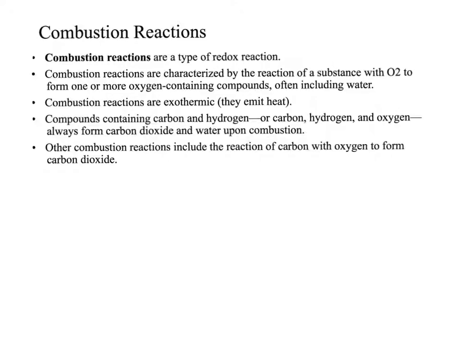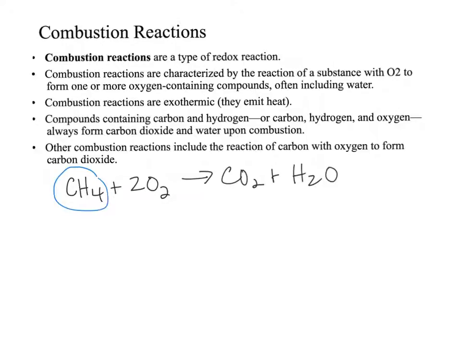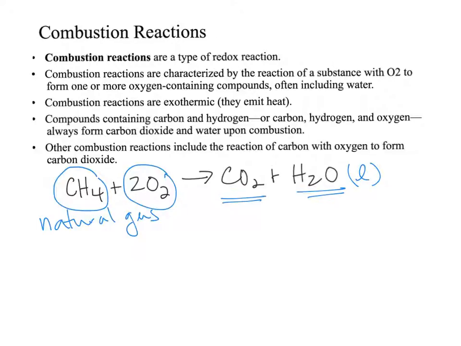So we have a gas reaction happening here as well, along with the combustion reaction. Here's an example of a combustion reaction. CH4 is natural gas, and when it's combined with elemental oxygen, you can see that carbon dioxide gas is released and water is formed in the liquid form.